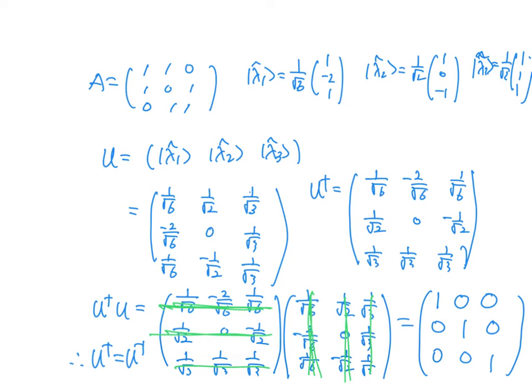Then we have a very interesting property. When A is Hermitian, there is a different version of the spectral theorem.